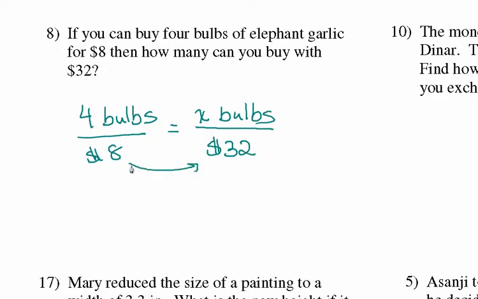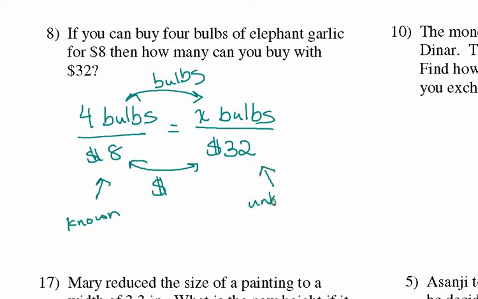Again, the dollar amounts are in the denominator and they're coordinated. The bulbs are coordinated in the numerator. And on the left, I have the known rate of 4 bulbs for $8.